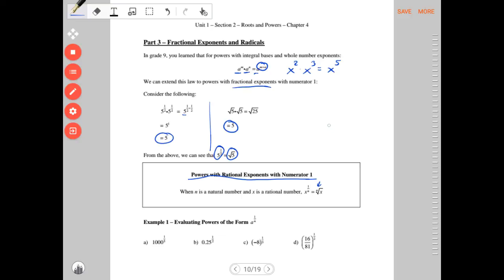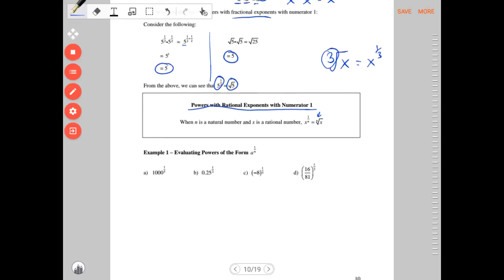If we had the cube root of x, this index on the radical is the denominator of the fraction on the exponent. So we end up with x to the 1/3. The cube root of x is the same as x to the 1/3.